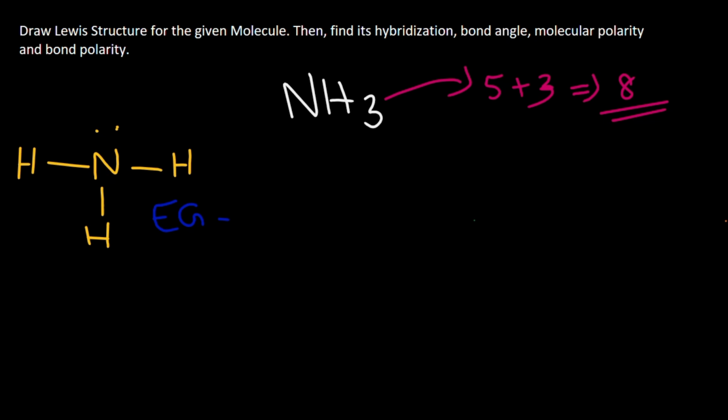So let me write it. So it's going to be trigonal planar. Not trigonal planar, I'm sorry, it's going to be tetrahedral. And the molecular geometry is going to be trigonal planar.